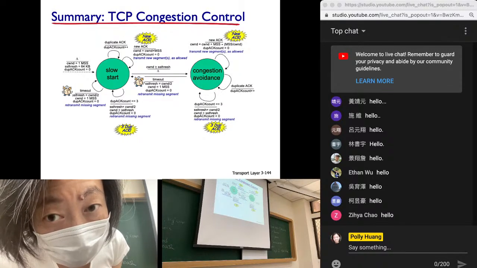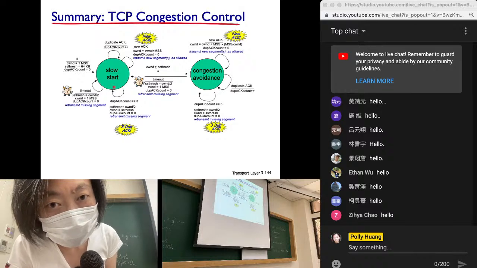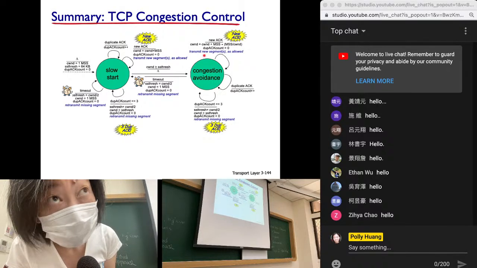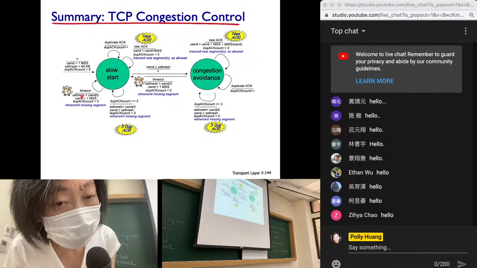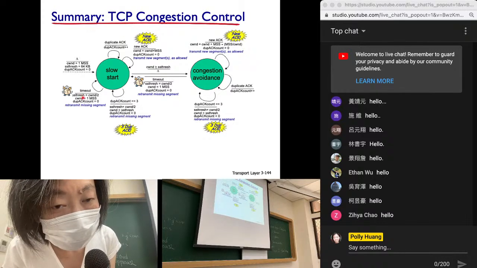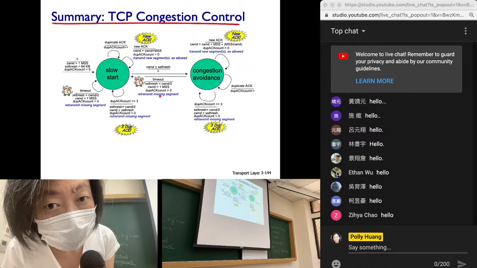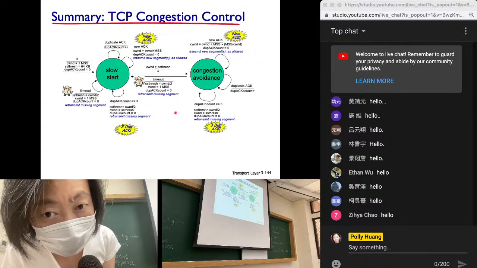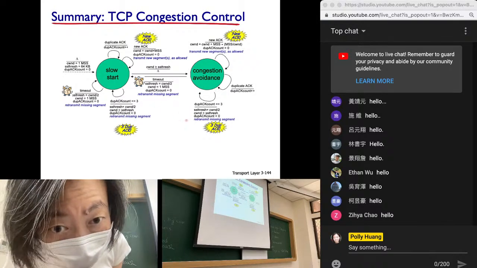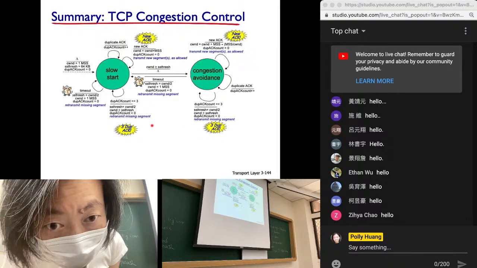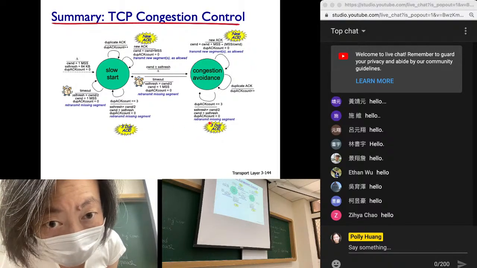All right. So new ACKs are the transitions sending the new packets. Timeouts, meaning packets are lost. So changing the window size, and in the meantime, retransmit the missing packets. 3 duplicate ACKs, also some packet is missing. Changing the window size, in the meantime, retransmitting the packets.